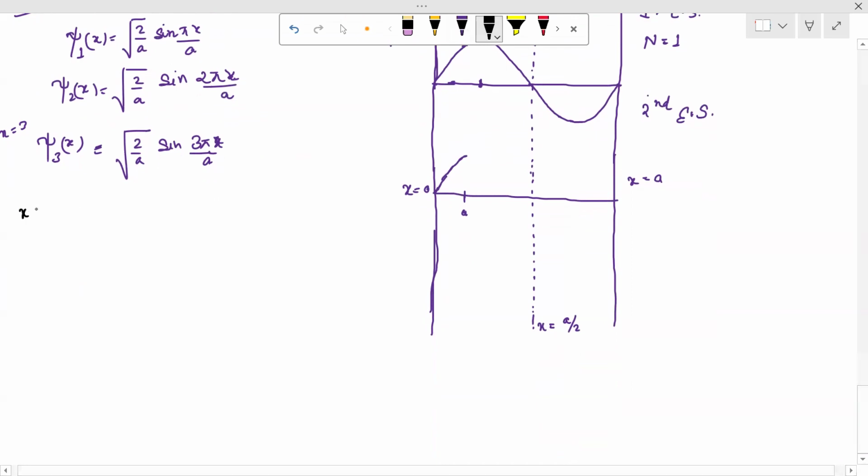So see, at x equal to a by 6, psi 3(x) will be equal to what? If I write x equal to a by 6, what will be psi 3(x)? It will be equal to root over 2 by a sine of pi upon 2. So this will be equal to simply root over 2 upon a. Okay.